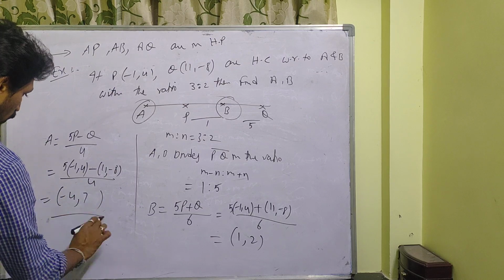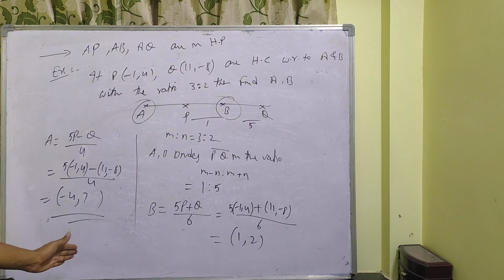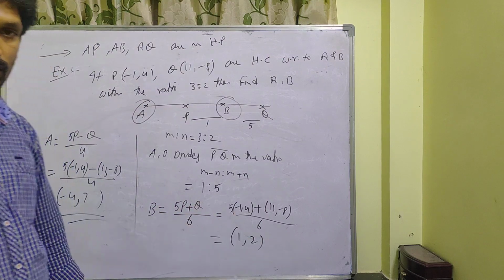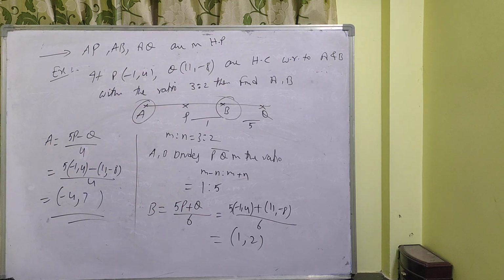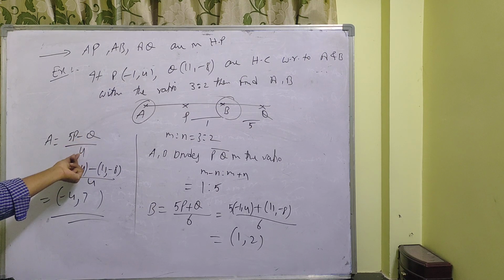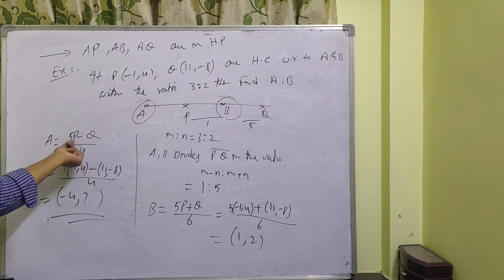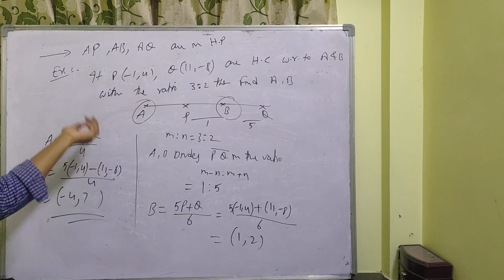Sorry. Minus 4 comma 7. So A point is minus 4 comma 7. B point is 1 comma 2. Okay, like that you have to find out. So clear. If you start with 5, that means 5P minus Q by 5 minus 1. If you start with Q minus 5P by 1 minus 5. So both give same answer.